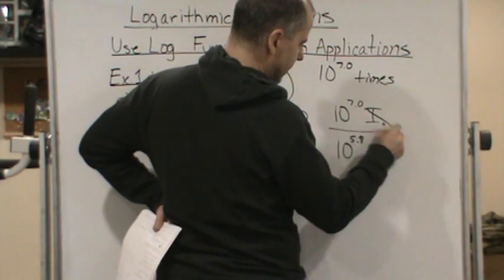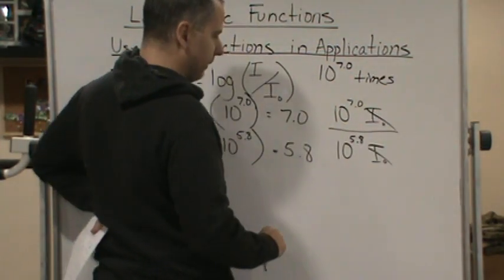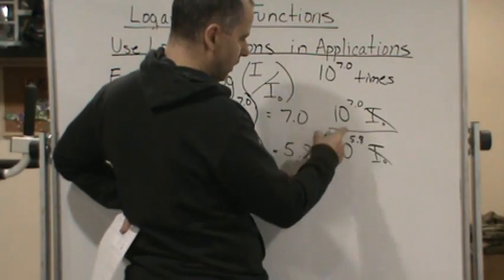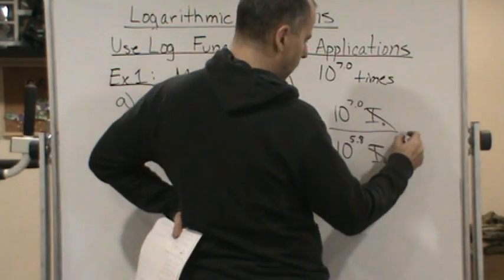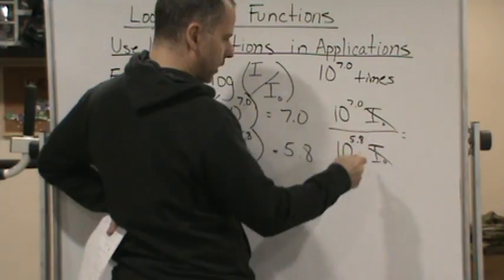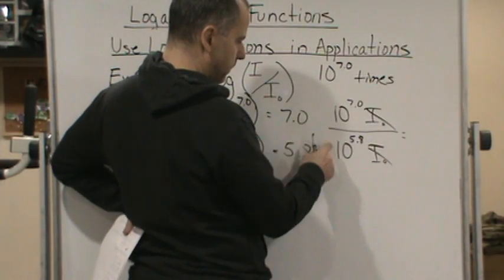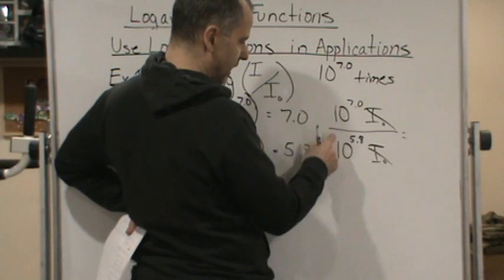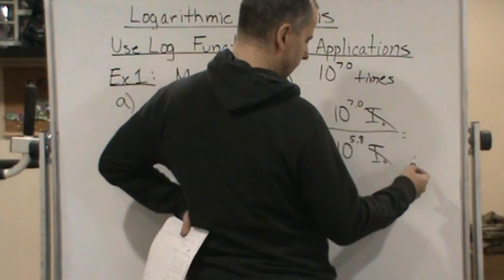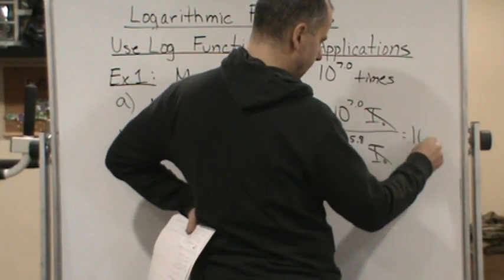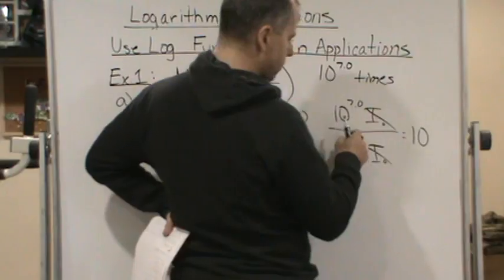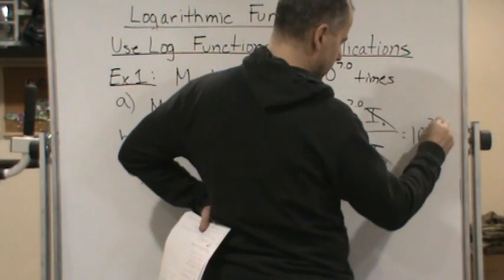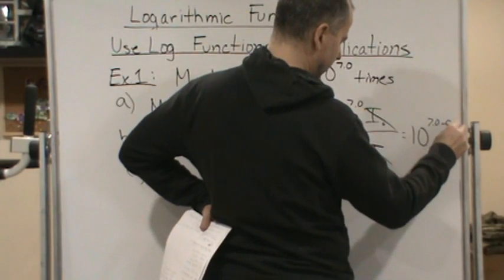The cool thing is the reference intensities drop out automatically, and then it just becomes using the power rules for exponents. The property of exponents says if you have two exponentials that you're dividing with the same base, subtract the exponents. So we get 10 to the, and we always do top minus bottom, so 7.0 minus 5.8.